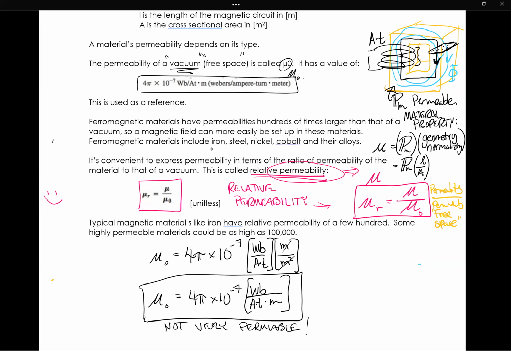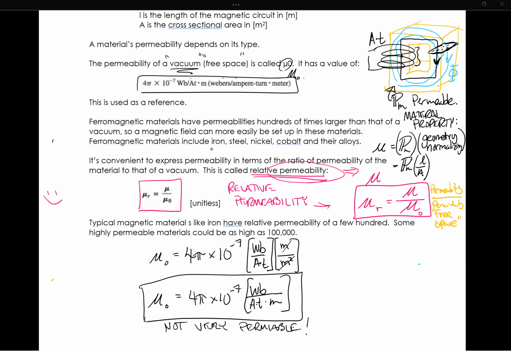So free space doesn't want a magnetic field to be induced in it. This shouldn't be surprising to us. This is why we can have things like induction stoves, where you put a ferromagnetic pot with your water in it on the stove.